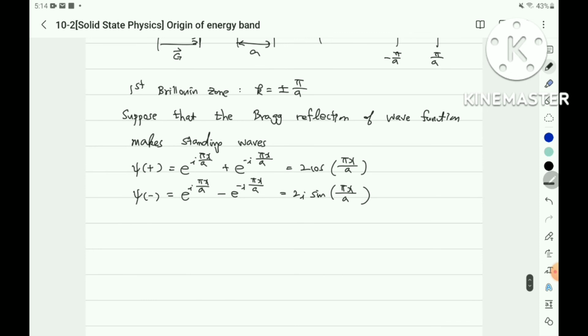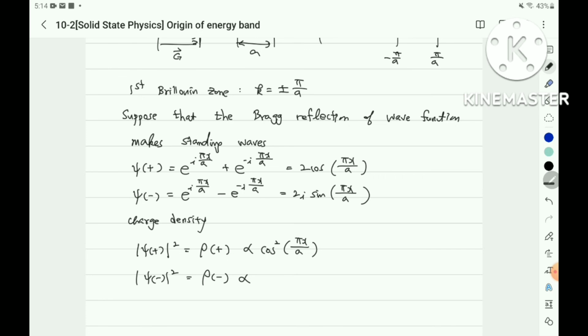Then the charge density is the square of the wave function. Psi plus squared, the right traveling wave, is proportional to cosine squared of pi x over a. And the left side wave function, psi minus squared, is proportional to sine squared of pi x over a.